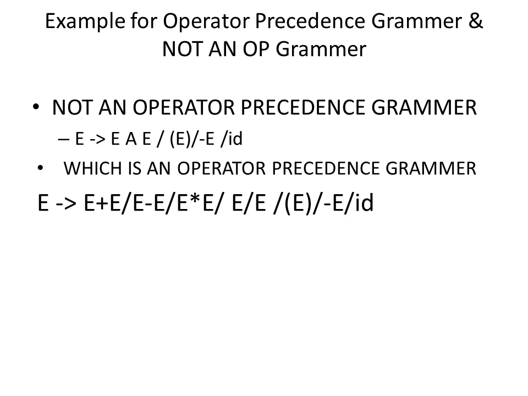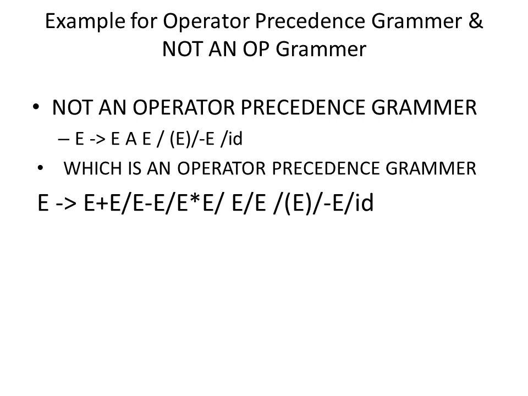Example for an operator precedence grammar and one that is not. One example for an operator precedence grammar and one for not an operator precedence grammar. First, not an operator precedence grammar. See this example, E implies E A E. Here E, A, E are non-terminals.